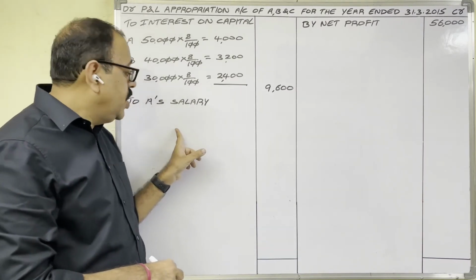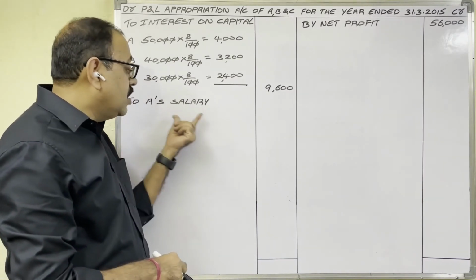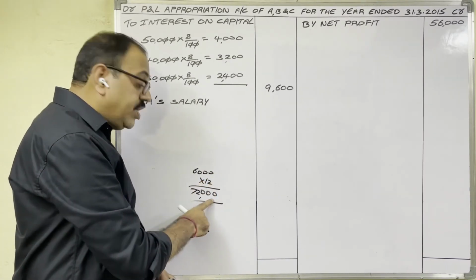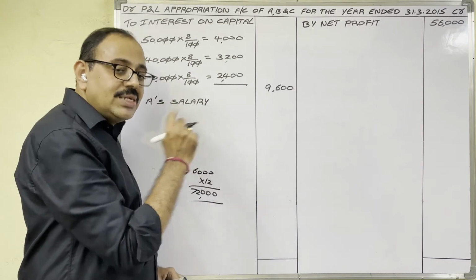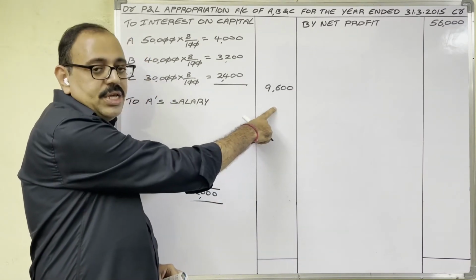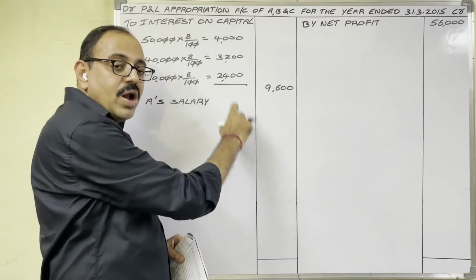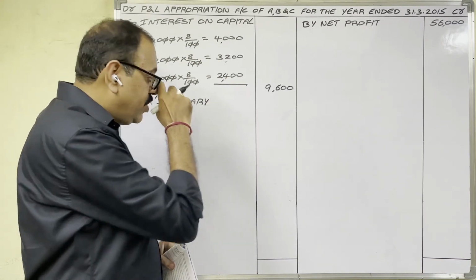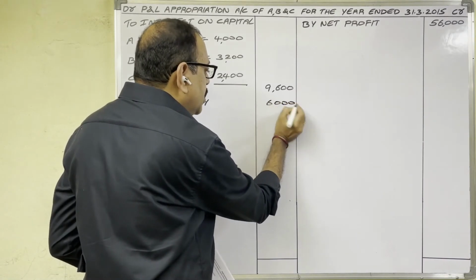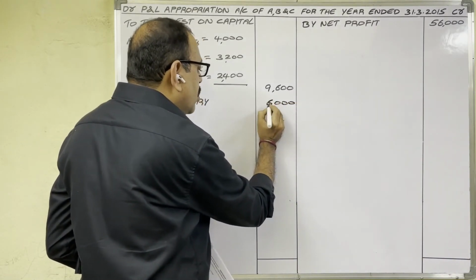In the inner column, you have to multiply 6,000 salary with 12 months. 6,000 into 12, 72,000 rupees. 1 year salary amount is 72,000. That 72,000 rupees you should write here. So in the question, he is not giving per month now. Therefore, our assumption is 1 year salary amount is 6,000 rupees. Write down that amount in the outer column.